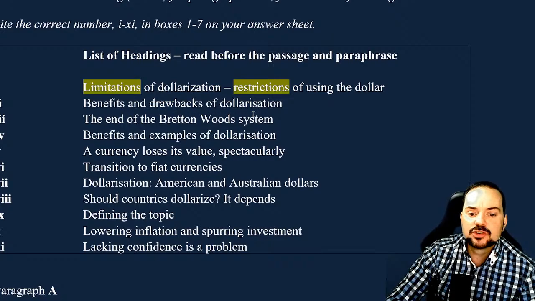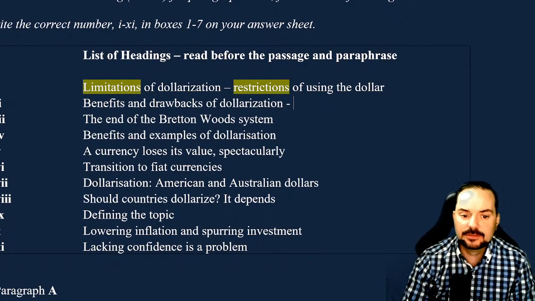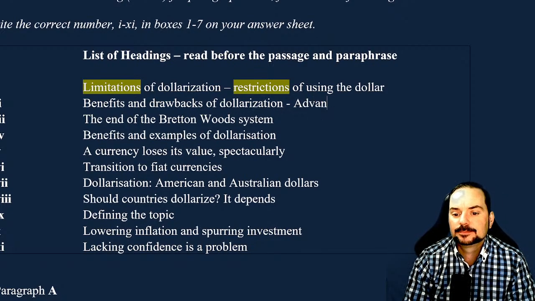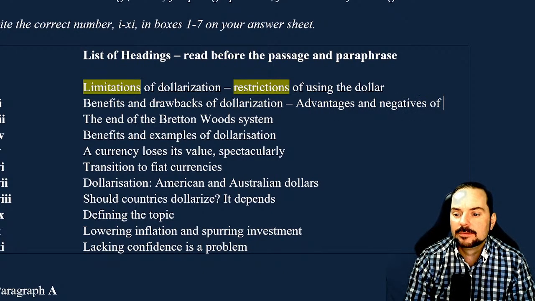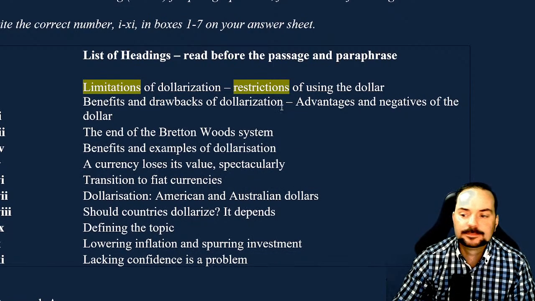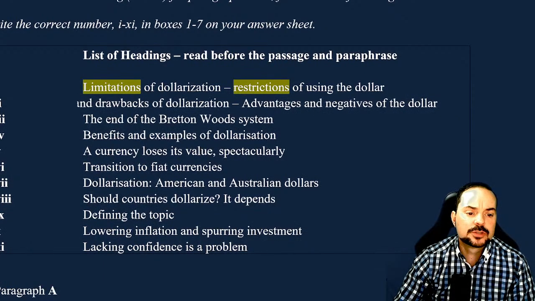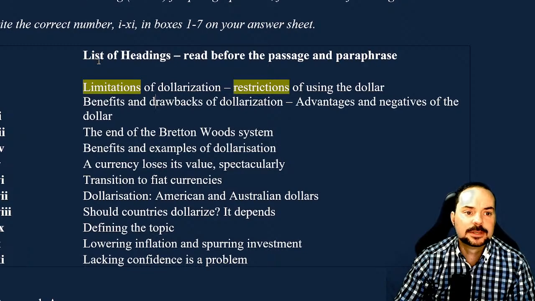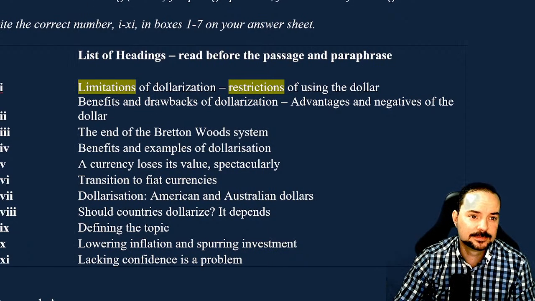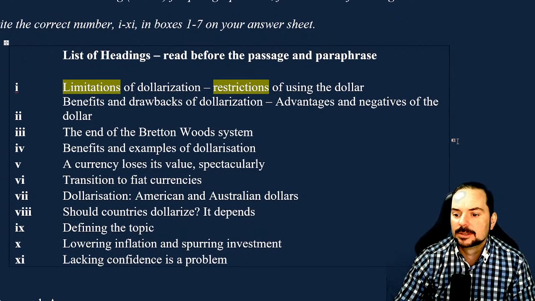All right, benefits and drawbacks of dollarization. So advantages and negatives of the dollar. Okay. Let me see if I can't stretch these. Now we can fit even more onto the same line.